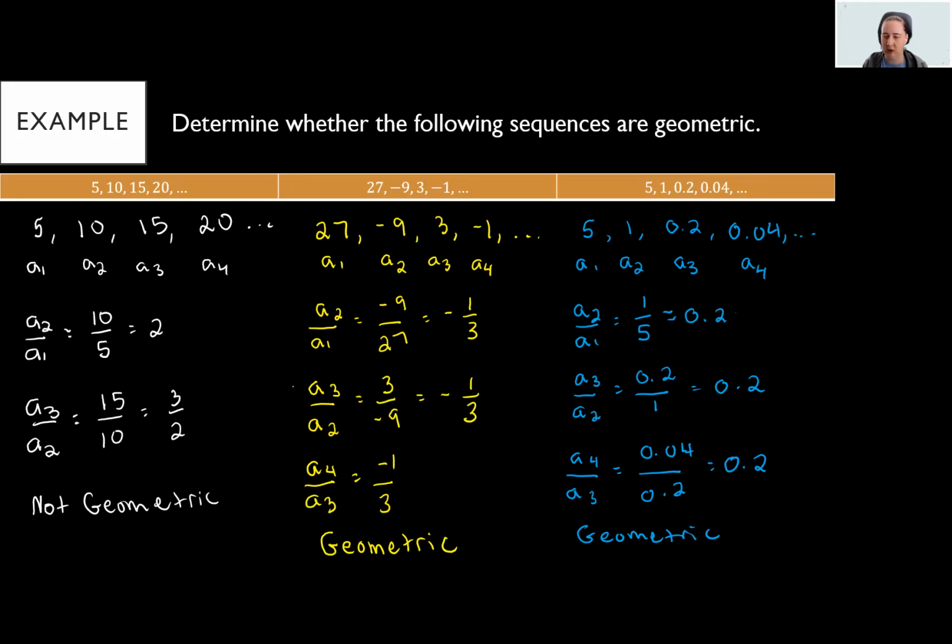So you want to make sure that first you're dividing them in the right order, and then you want to make sure that they have to be exactly the same for it to be considered geometric. Are there any questions so far?